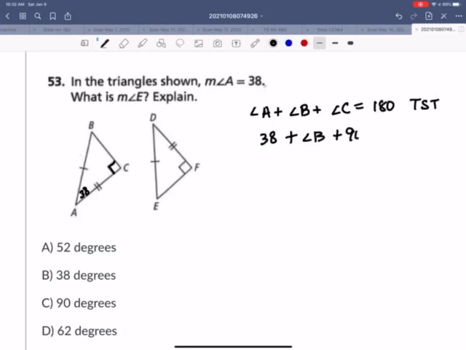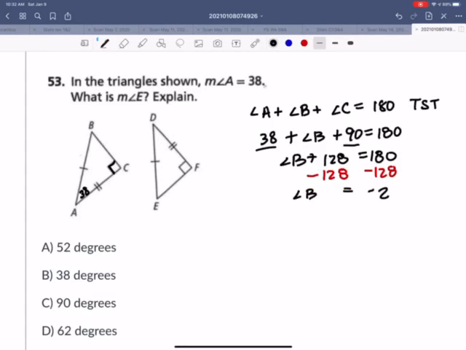C I know is 90. So angle B, I can combine these, right? Angle B is 52.